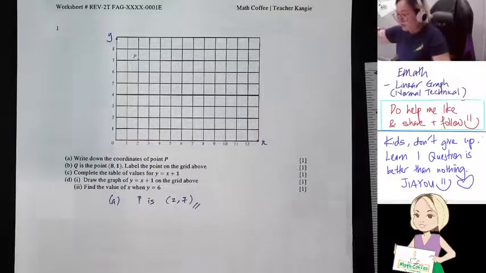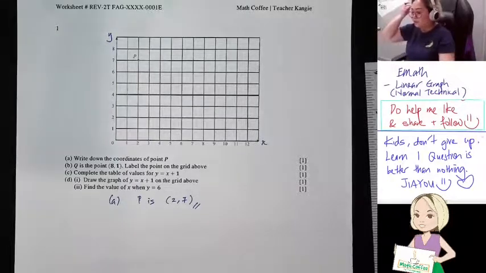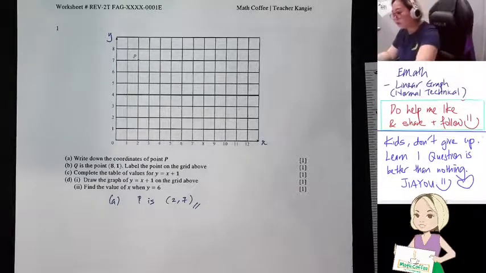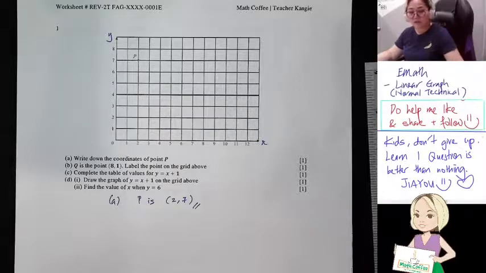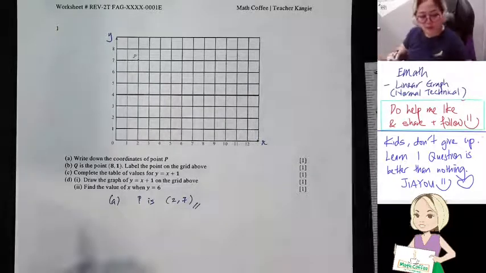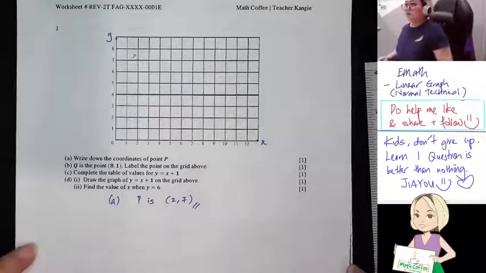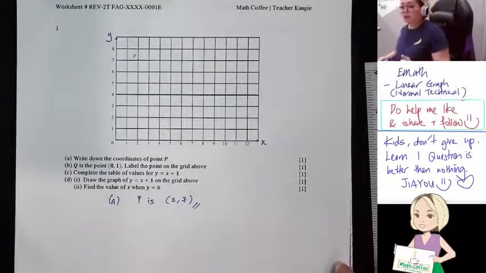You have to decide yourself. If you put in hard work to catch up in all things, nothing is impossible. Even if you go normal tech, you can still go ITE, still go poly eventually, and after that still go uni. Of course, the path is definitely tougher, but it's not that going normal tech or ITE means game over.